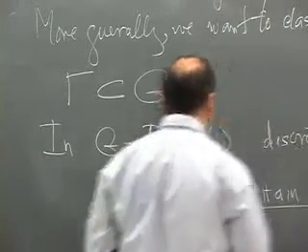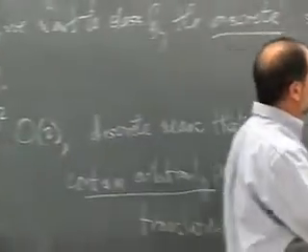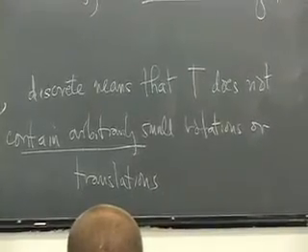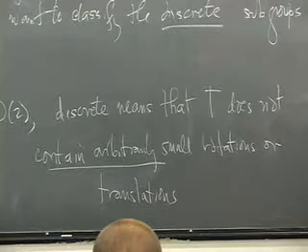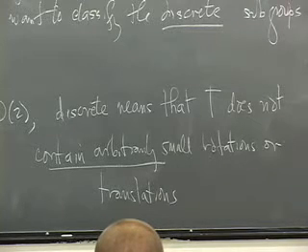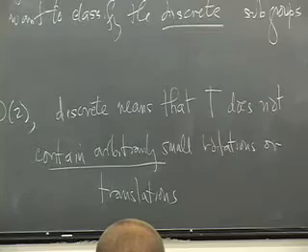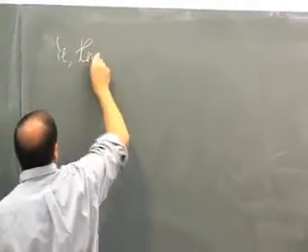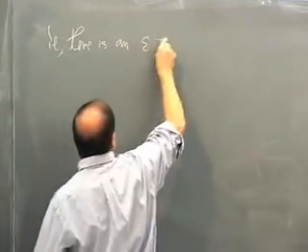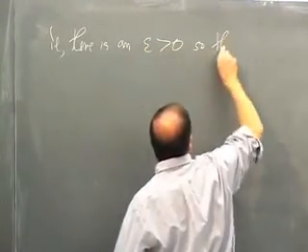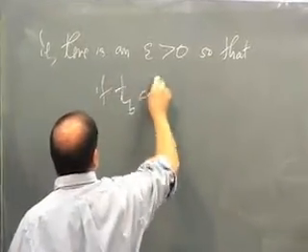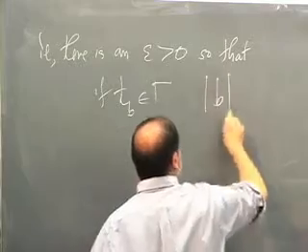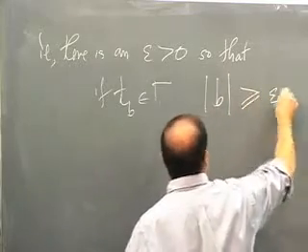Arbitrarily small means that if it contains a translation by a vector, the size of that vector is bounded from below. And if it contains a rotation, the angle of that rotation is bounded from below, independent of what elements in gamma, i.e., there is an epsilon greater than 0, so that if the translation by b is in gamma, the size of b as a vector is larger than or equal to epsilon.